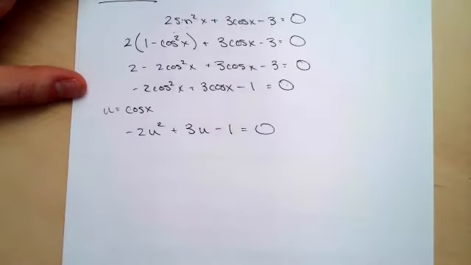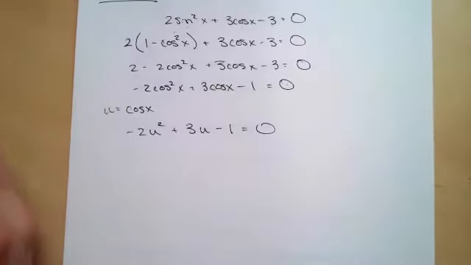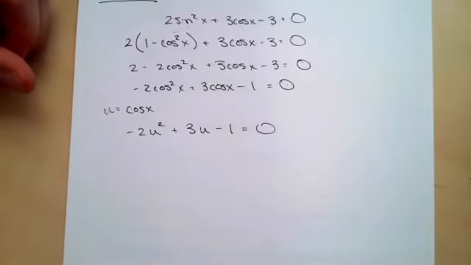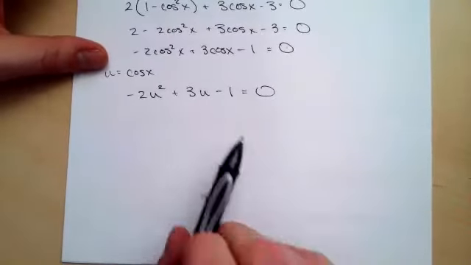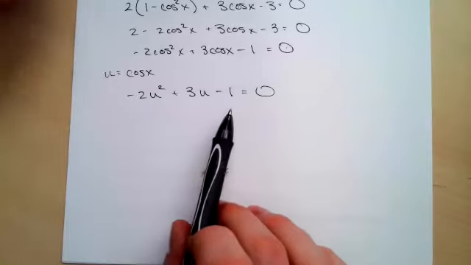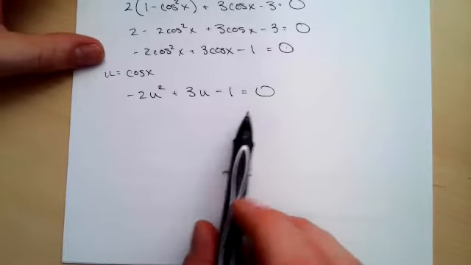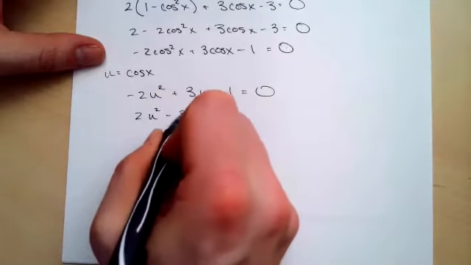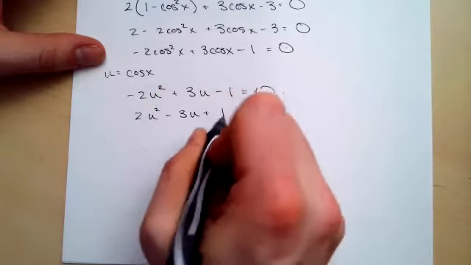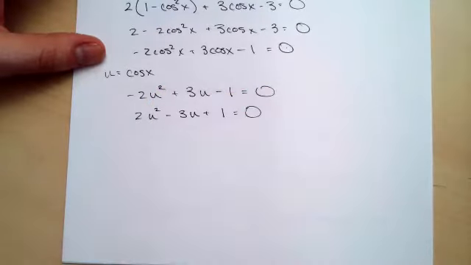And we can use all of our methods for quadratic equations to solve this. So you can use the quadratic formula if you'd like. I'm going to go ahead and multiply both sides by -1. So it's going to flip all of the signs on the left. 0 times -1, still 0.